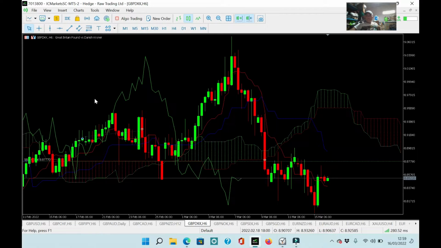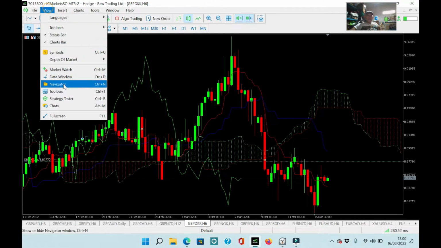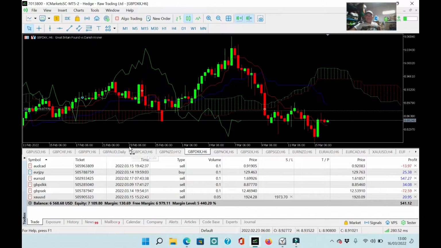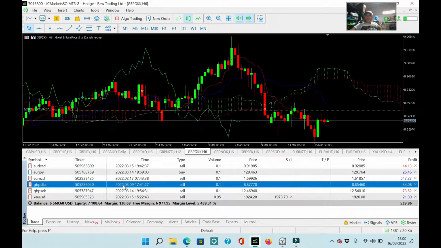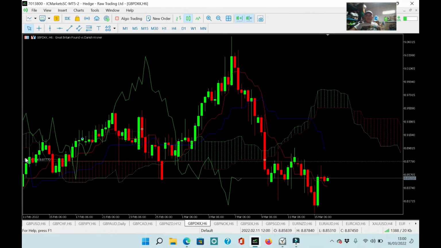This is not really an ideal trading setup. How much do I have here? I only have 34 points, or 34 pips. This one is not really promising, to be honest.